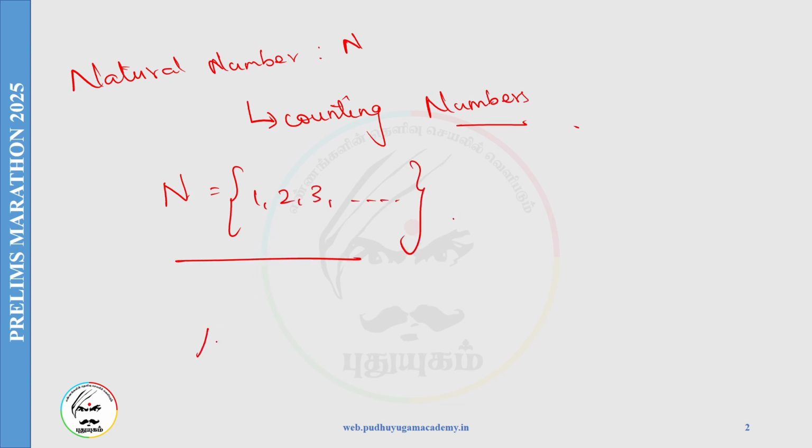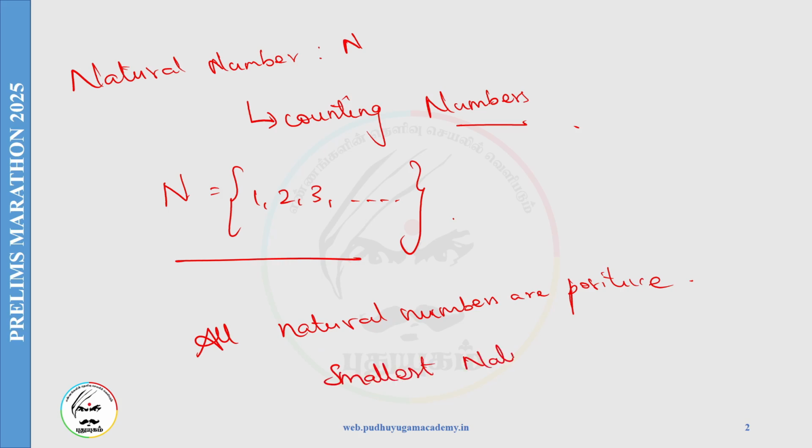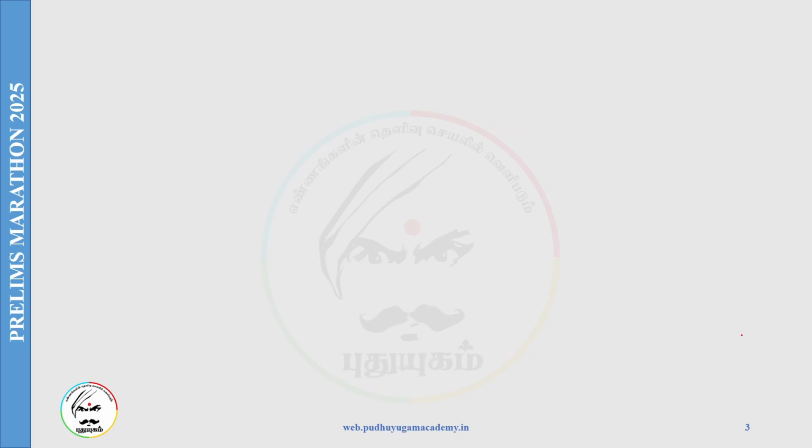All natural numbers are positive. The smallest natural number is 1. Then you can write a few formulas under natural numbers.